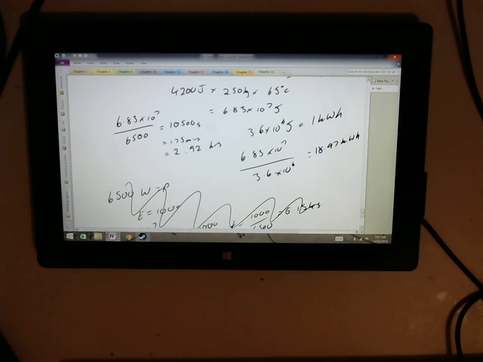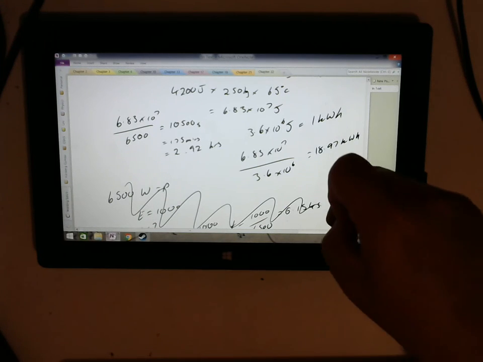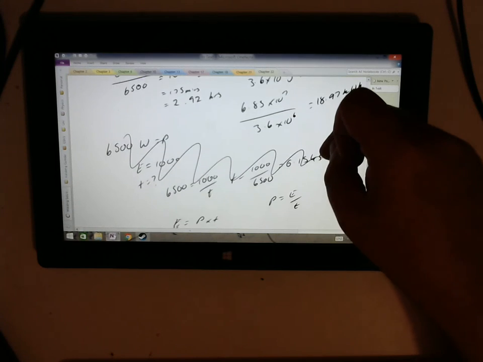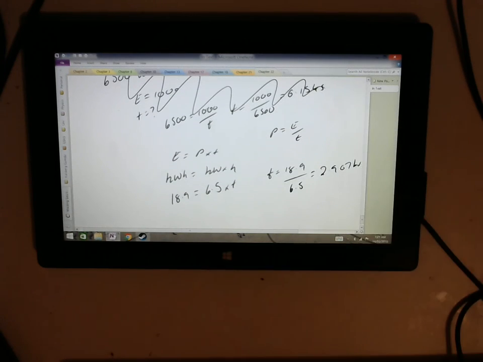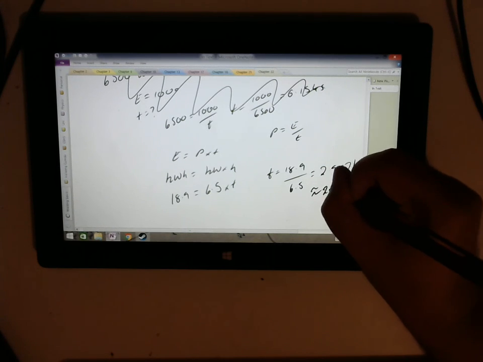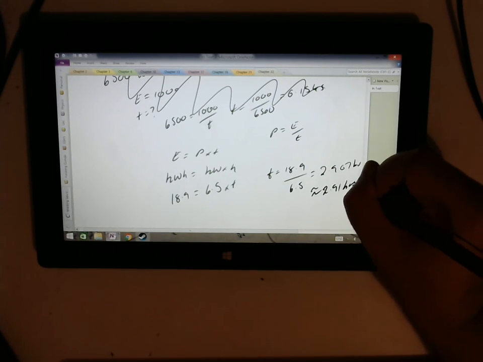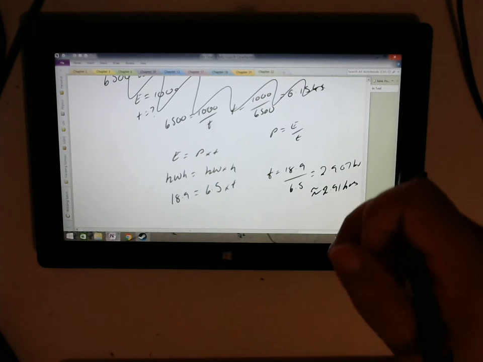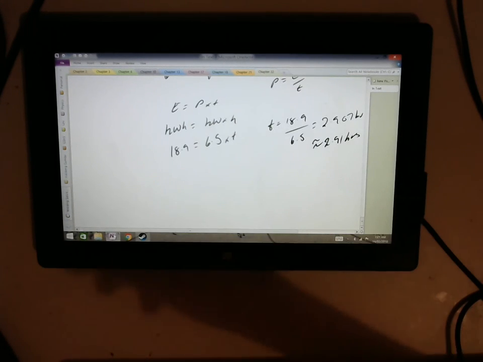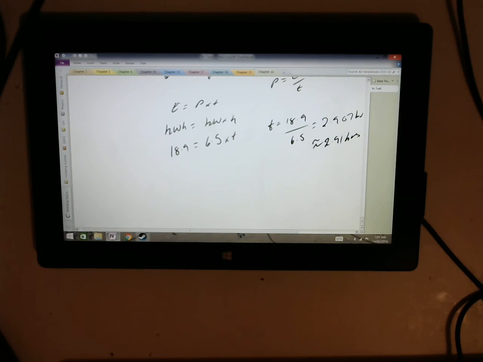Now that had a slight rounding error in it, and by doing this manually using the answer in the back of the textbook, I now have a time of 2.91 hours. So if I take that and put it into here, I would get close to 18.9, which is what the answer at the back of the book says.